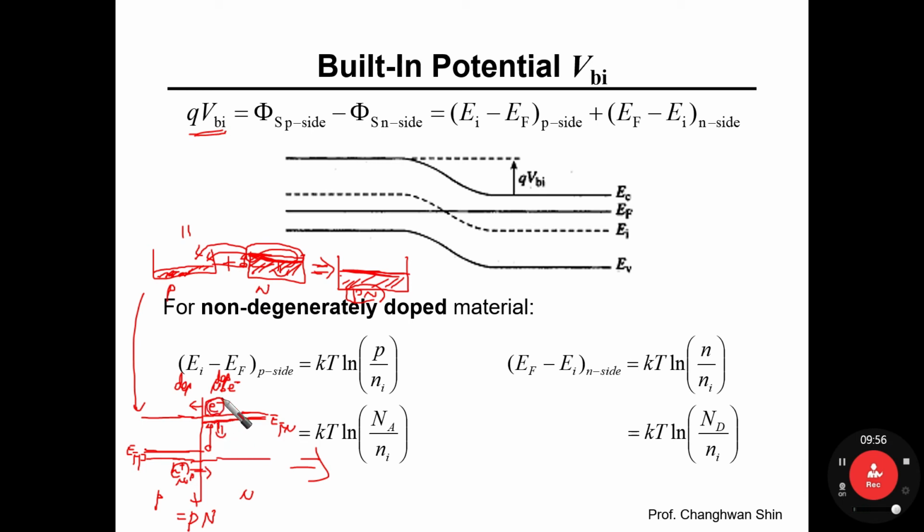So once electrons move into the P side, the Fermi energy level would move downward, and on the opposite side, the Fermi energy level for holes would move upward. So in the end, they're going to meet together. So in this process, the band diagram would become like that.